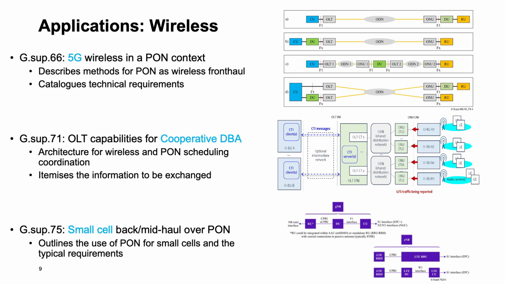And you can reduce the latency within the system by the two systems talking to each other. ORAN has already defined their CTI, I think, cooperative transport interface, and this is the ITU looking at what's needed to make that happen. And then finally, supplement 75 is dealing with small cell backhaul. Once again, looking at how PON can be used in that application and the typical requirements for that.